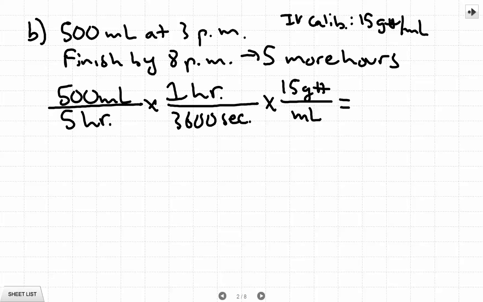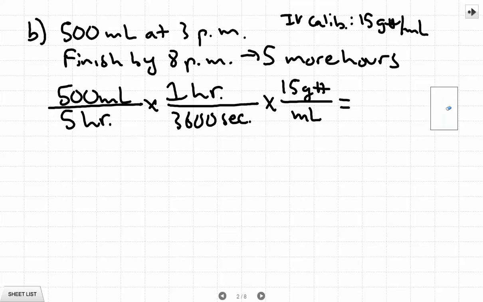What you get, once you multiply and divide everything out, is 25 GTTs per minute.